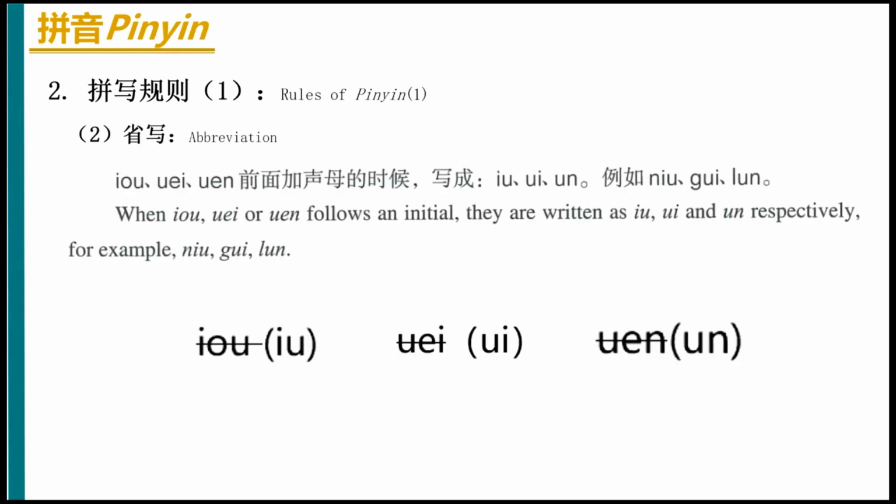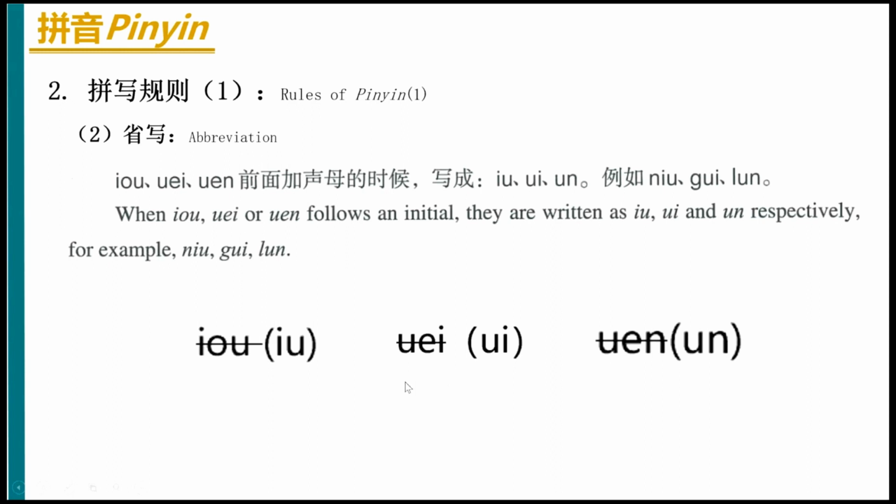Rule number 2, the abbreviation. The abbreviation means sometimes the original form is this, but we use this simple form. So in all these syllables, we only have 3 abbreviations here, which are iu, ui, and un.